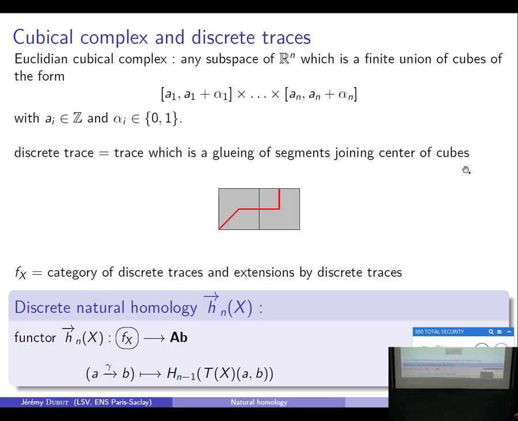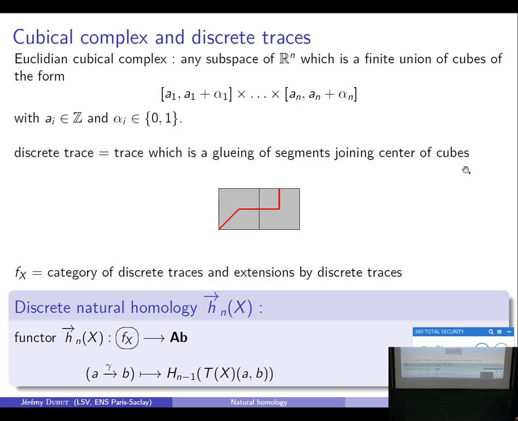And we can do it for Euclidean cubical complexes, which are essentially finite unions of cubes in a Euclidean space. In such a space, we can describe what I call discrete traces, that is, traces that only join centers of consecutive cubes, such as this red one.